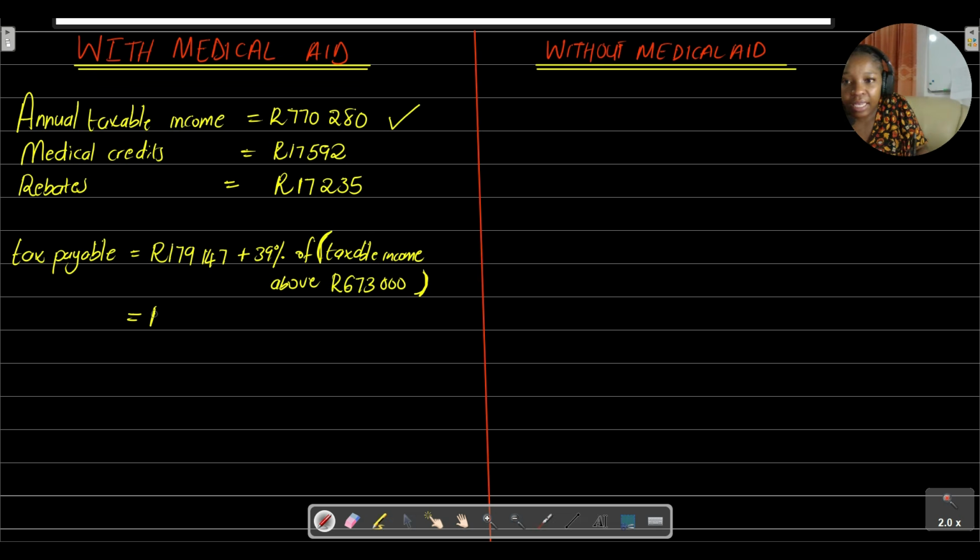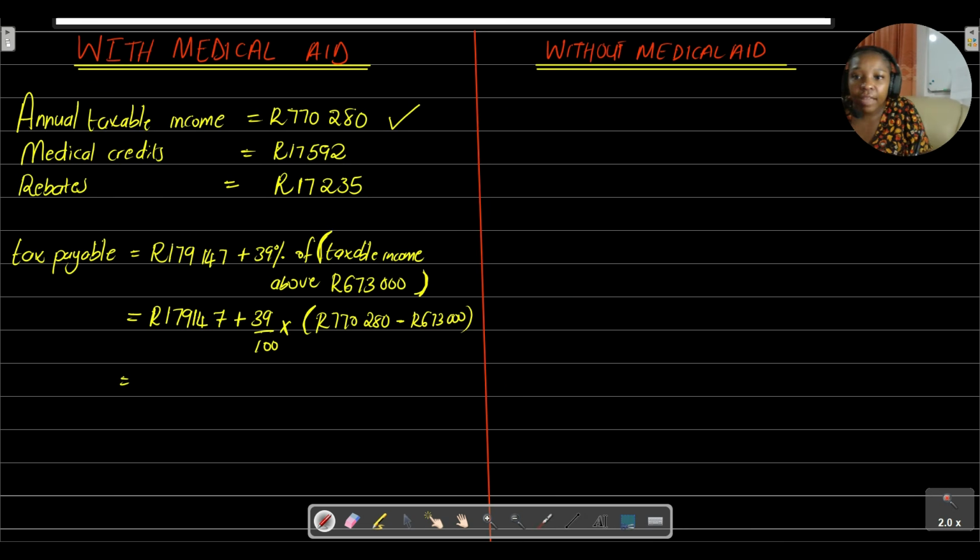So we are just going to take that 179,147 plus 39% is 39 divided by 100 multiplied by what's the taxable income? It's his annual income of 770,280 minus 673,000.